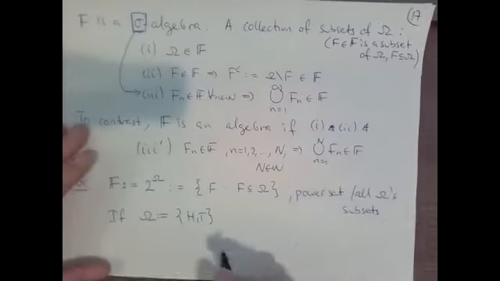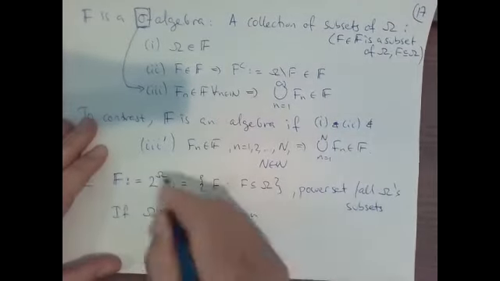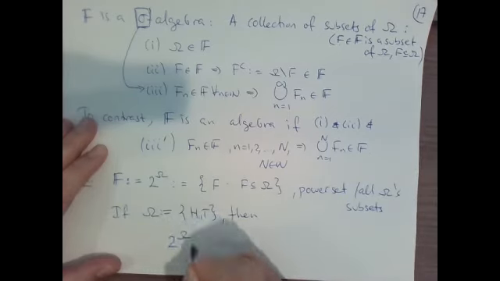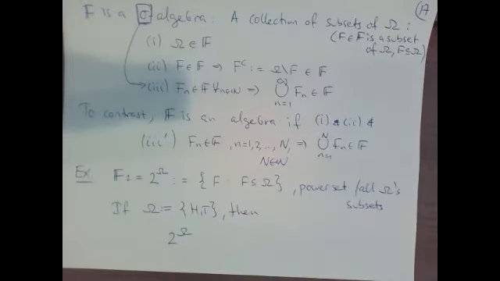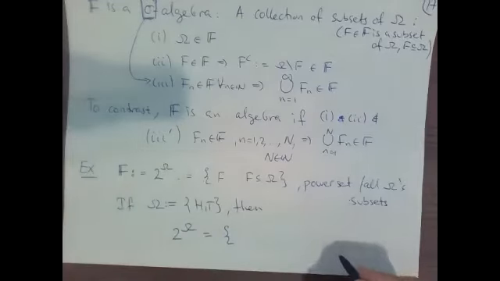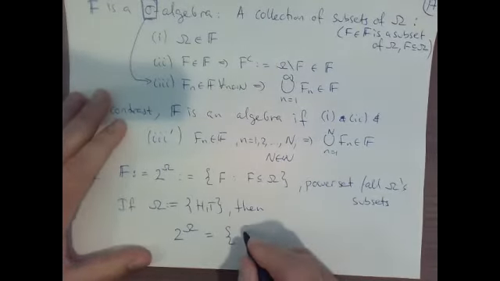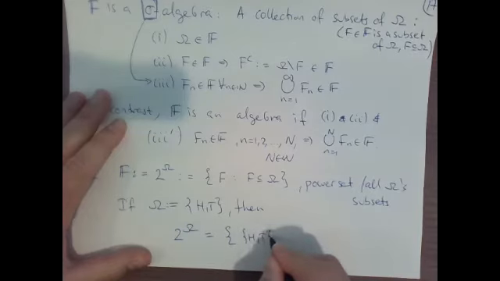If I take heads and tails, then I look at instead of all subsets, well, what would it be? This would be I need to form all possible subsets of omega, so I will be able to take heads and tails.